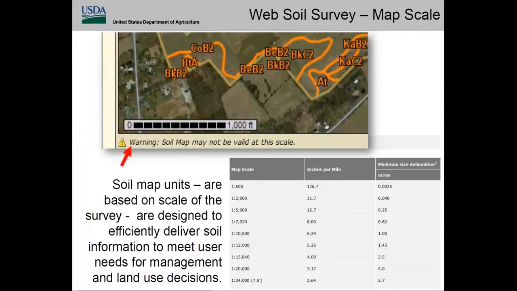So these maps are great for general planning purposes, but not for determining Food Security Act wetland compliance, which should be done most times on site, but we can use other maps to determine that off site.